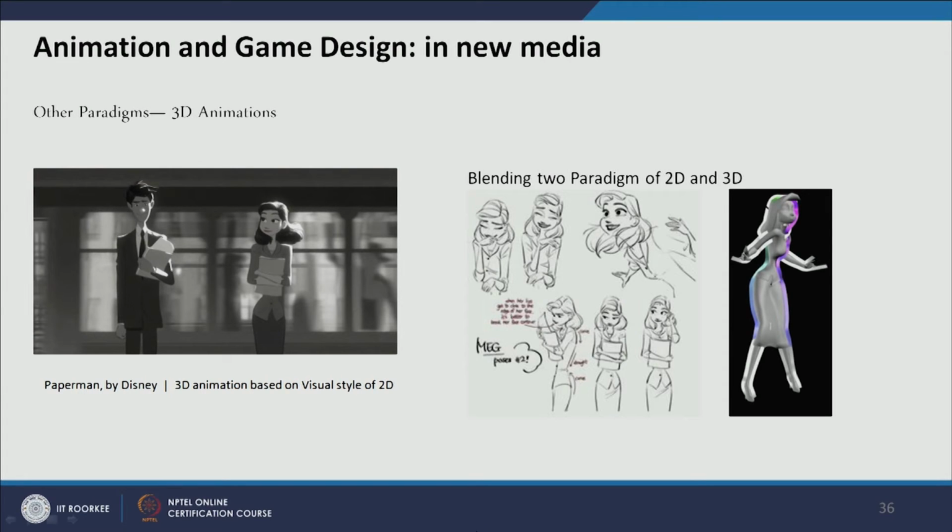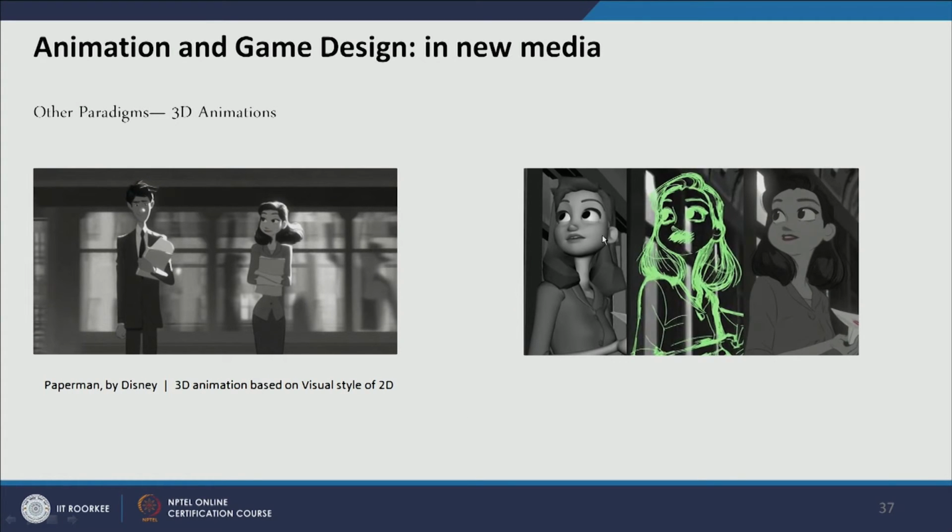So this is the first sketch of the 2D animation. Then this is the 3D modeled version of the particular character. The first image here is the 3D model character, and the line qualities, colors, and all the design elements taken from the 2D animation are superimposed on this.